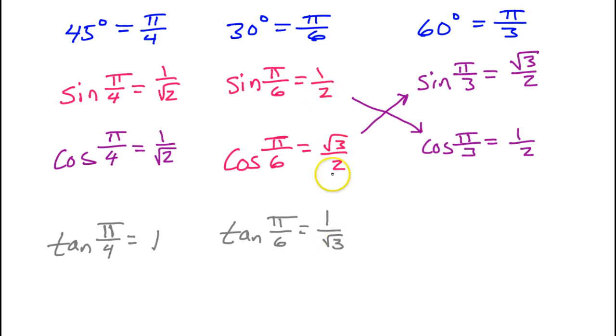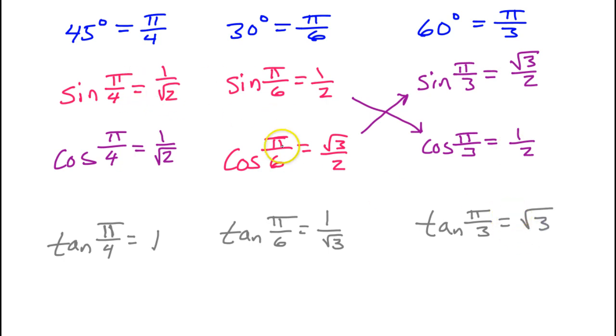And similarly for the pi over 3, I'm going to do tangent of pi over 3. Sine over cosine. Again, the denominators are going to cancel each other out. So it'll just be radical 3 over 1, which is just radical 3.